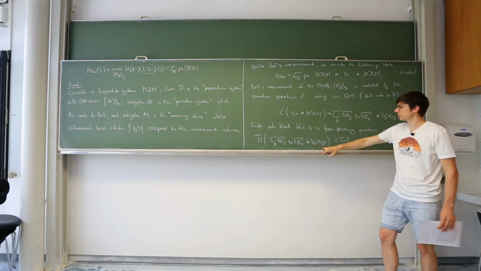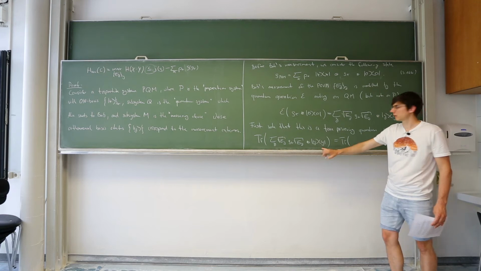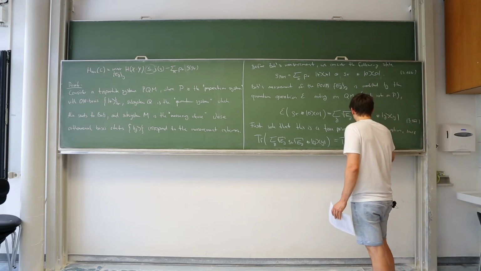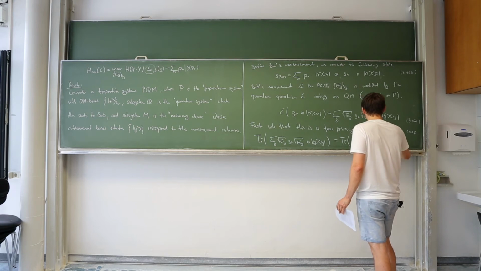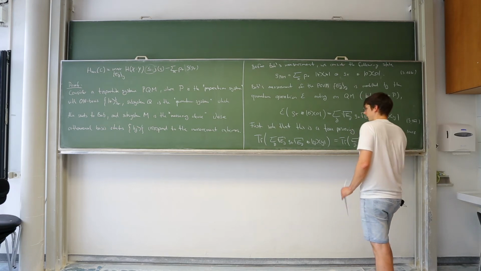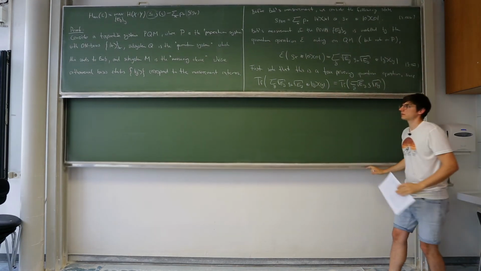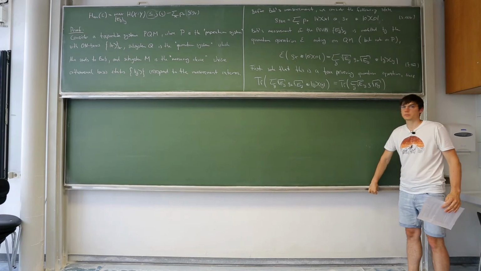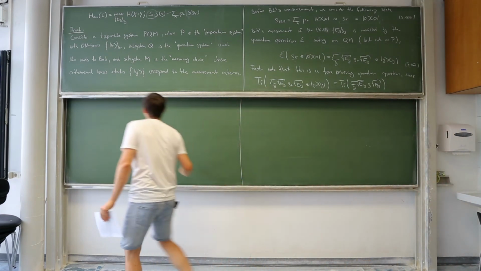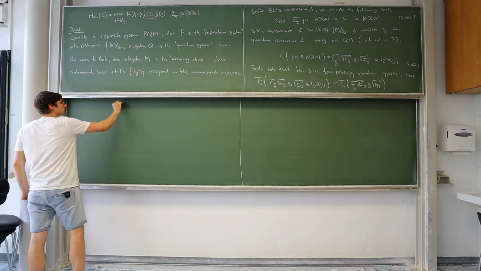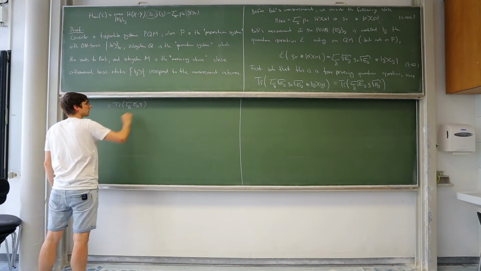So if we first trace out this measurement device, this is easy, right? Then we have here the sum over y of square root E_y rho square root E_y. And next we use the cyclic property of the trace. So this is equal to the trace of the sum over y of E_y rho.